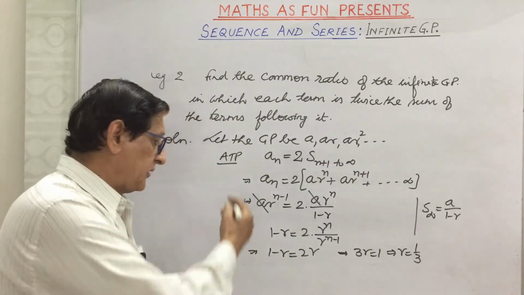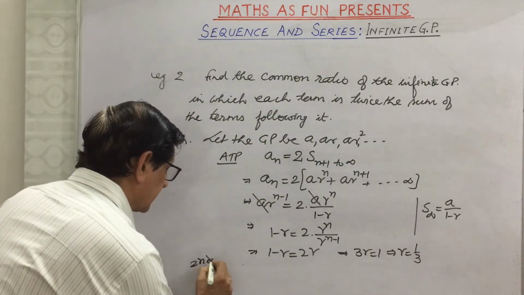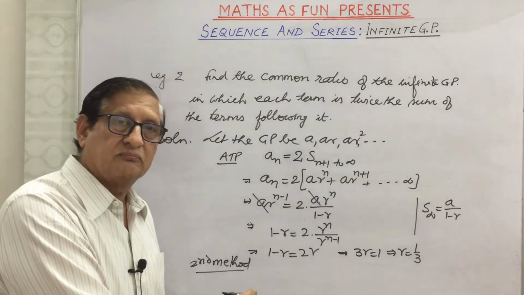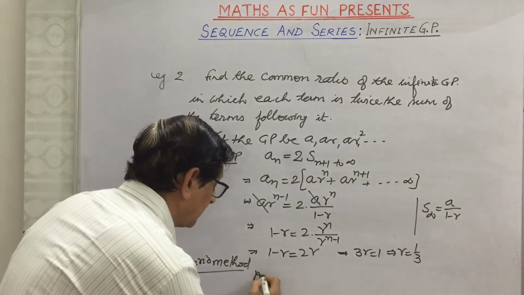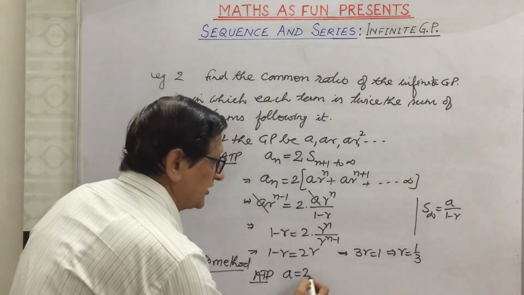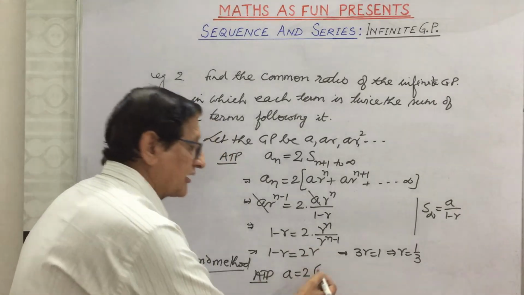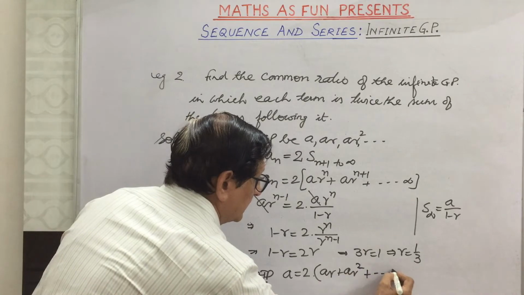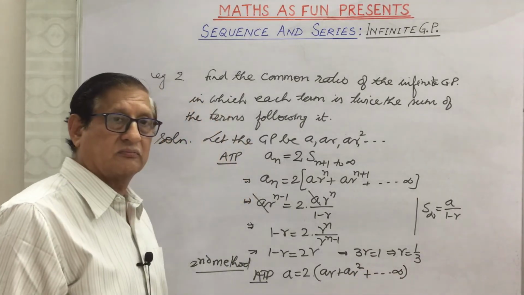We can also do it by one more method, the second method. We take only the first term. According to the problem, the first term is equal to twice the sum of the remaining terms, that is AR, third term AR square, and so on up to infinity.